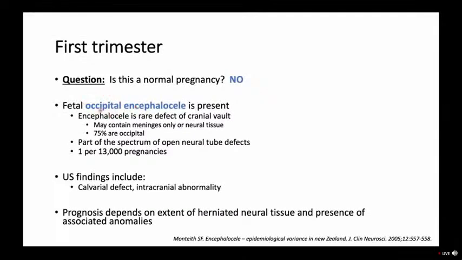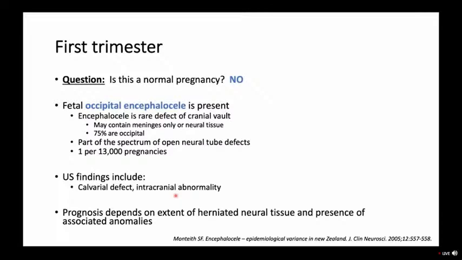This is the anatomic location of the cranial abnormalities. This is a defect in the skull. It's actually one of the worst forms of spina bifida. It's definitely in the spectrum of open neural tube defects. It's really rare, 1 in 13,000. And you see a calvarial defect and then an intracranial abnormality. The brain's getting kind of pulled backwards.